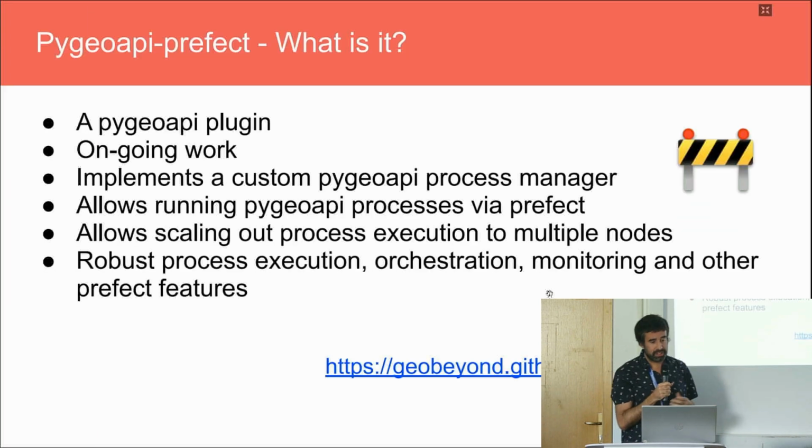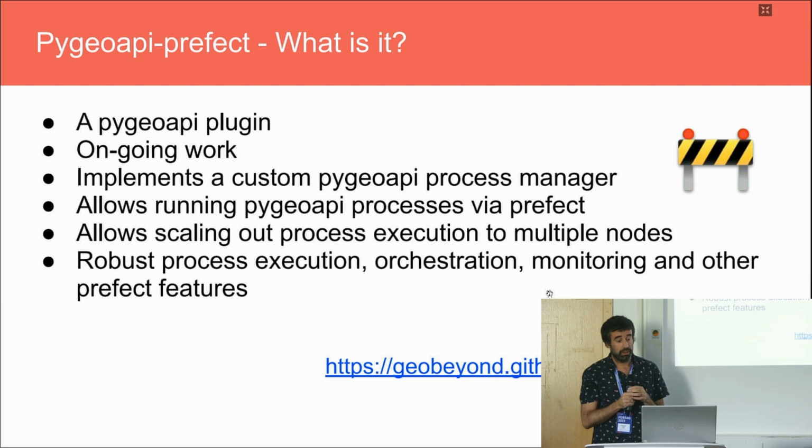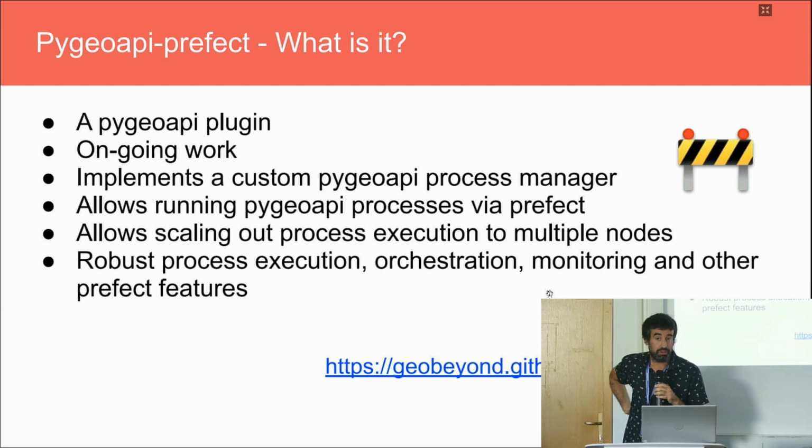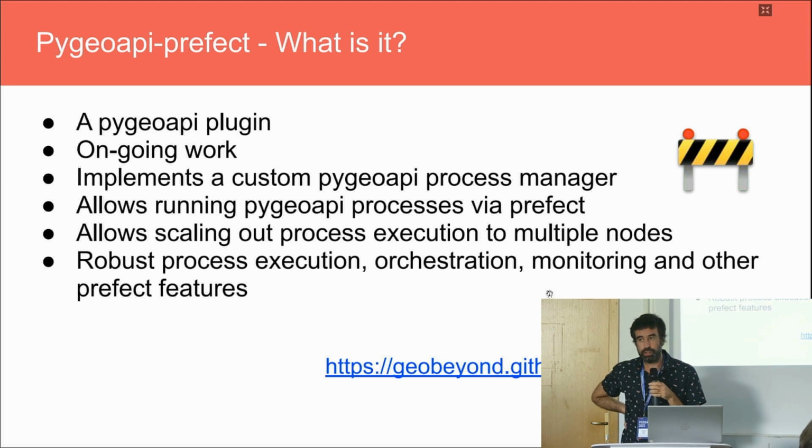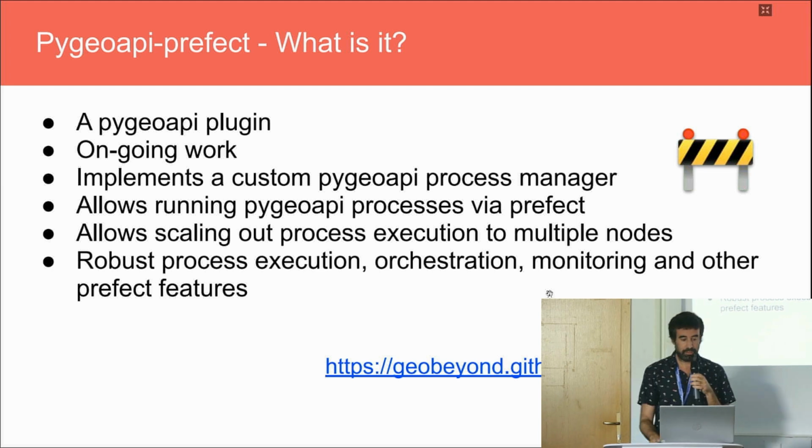So this has materialized by means of the Pygeoapi Prefect project. It is a Pygeoapi plugin, and it's ongoing work. Some of the stuff that I'm speaking about is already working, other is still work in progress.